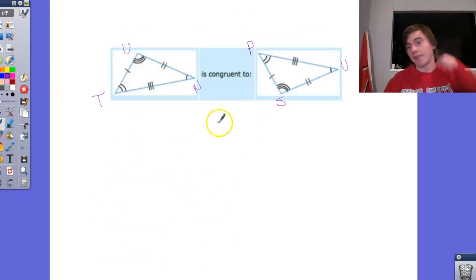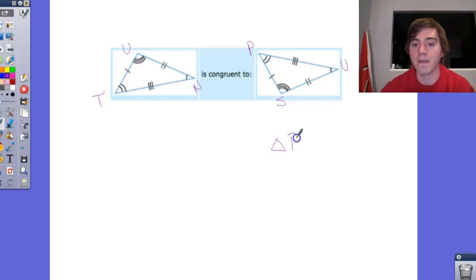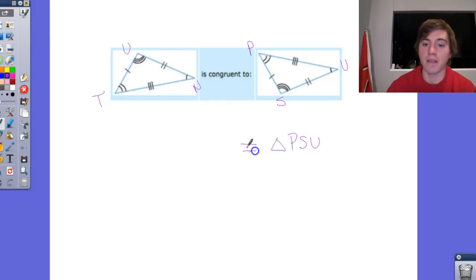These are the two triangles that you might recognize from the previous lesson. I can name either one of these. Actually, let's name this one first. Here's triangle, just pick a vertex and then go around. We'll say PSU. How about? Okay, that's congruent to triangle. Let's see, P matches up.